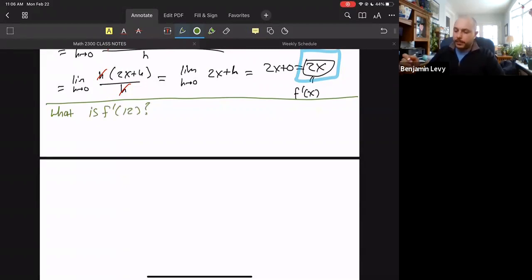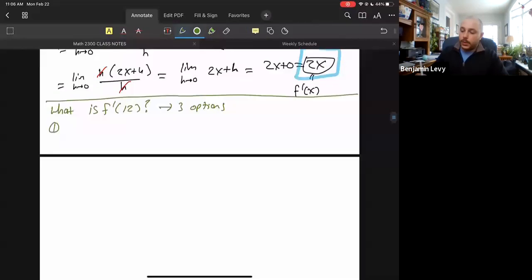Doesn't matter what the point is, but f prime of 12, that's like the f prime of b situation, right? And so that's a numeric value. And so we have basically three options in order to calculate the derivative at a point. One of those options is to just plug 12 into f prime equals 2x from last time.